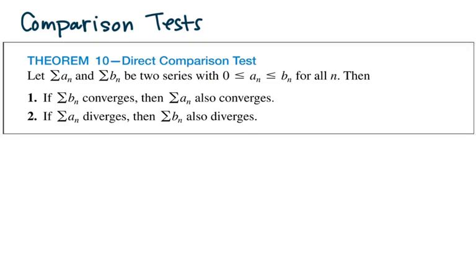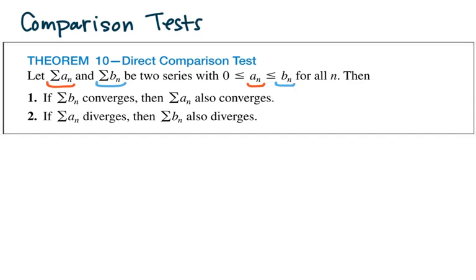So the direct comparison test says, hey, let's consider some series of A as well as some series of B. These are both series. They're both positive, and A is going to be smaller than B. All of those terms in A are going to be consistently less than the same nth term in the B series.